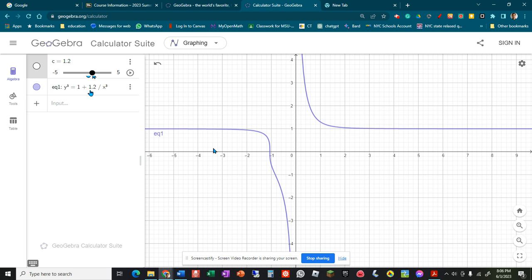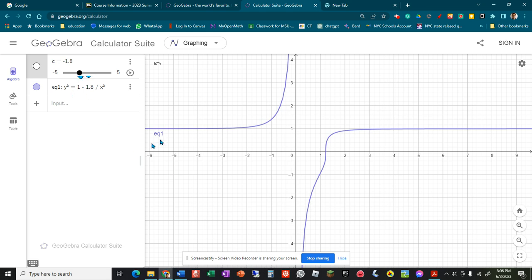And of course, the y-axis will be a vertical asymptote, because you can see it from the x cubed in the denominator. What happens if c is negative? In that case, the function is always increasing. So c equal to 0 is like a critical value.